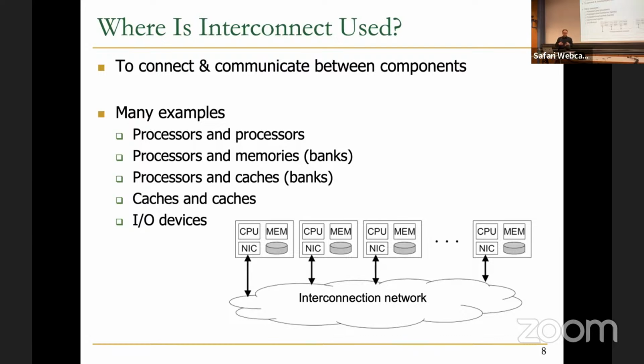In a non-uniform cache access, NUCA, you put a lot of cache banks in a network and make a bigger cache with that. Or when you want to connect IO devices, or connect CPUs, GPUs, cache banks, and other accelerators. So whenever you want to connect components that do something, you need interconnect.